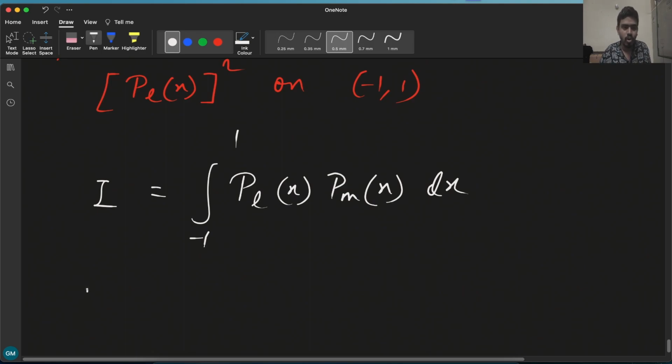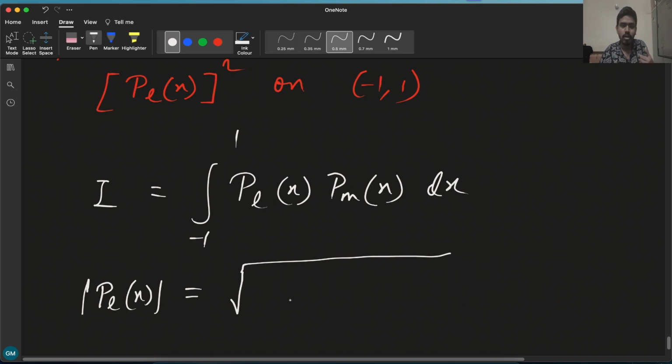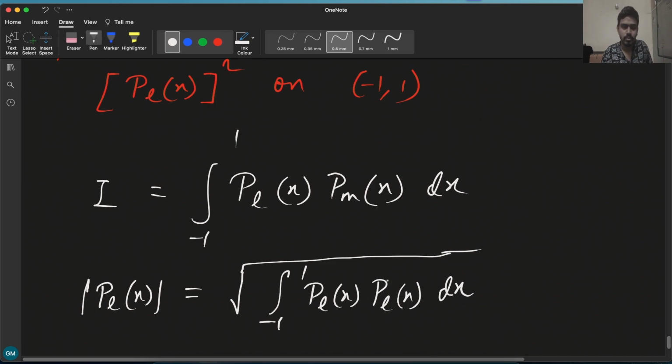Then the norm of P_L(x) can be written following the same algebra as for Cartesian vectors: it will be the square root of the integral from -1 to 1 of P_L(x) squared dx.